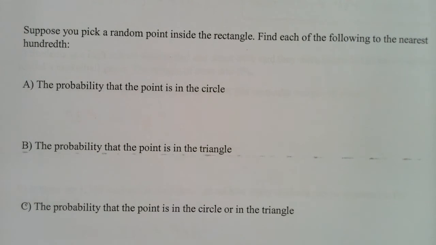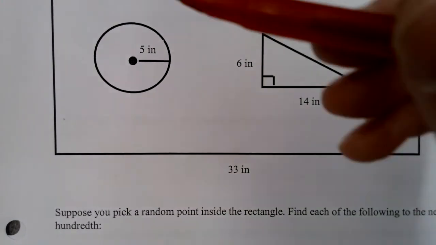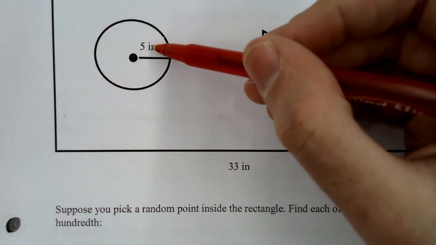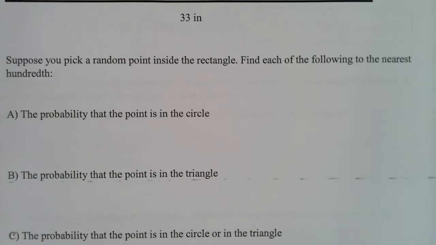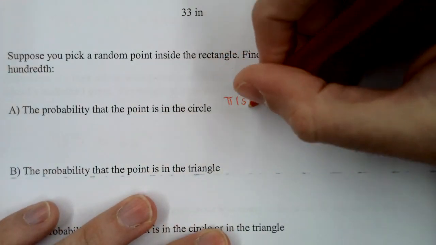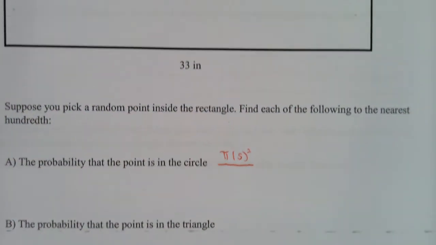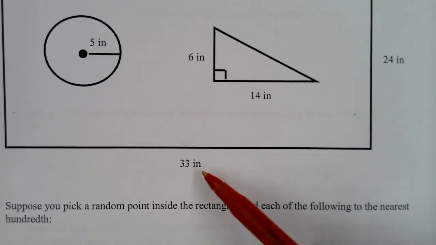So we're going to do the area of a circle divided by the area of the entire rectangle. The area of the circle is pi times radius squared, so pi times 5 squared, divided by the area of the entire rectangle, which is base times height, or length times width, 33 times 24.